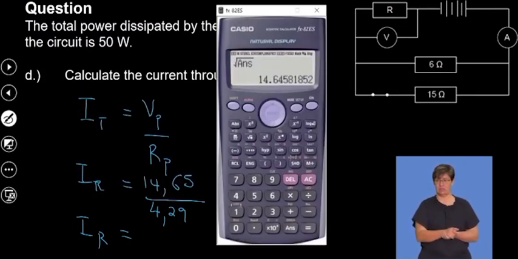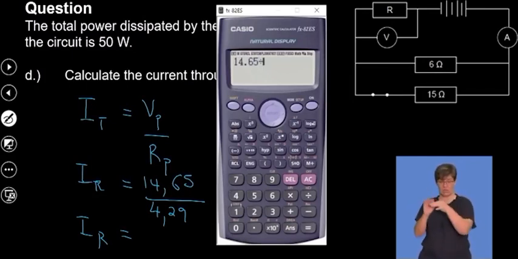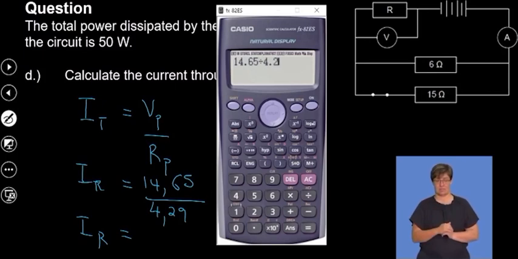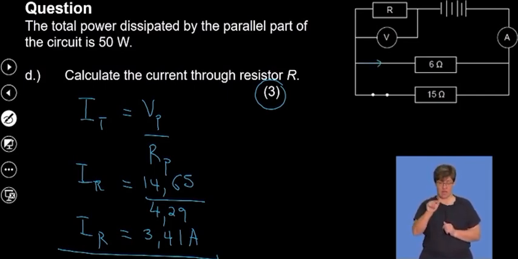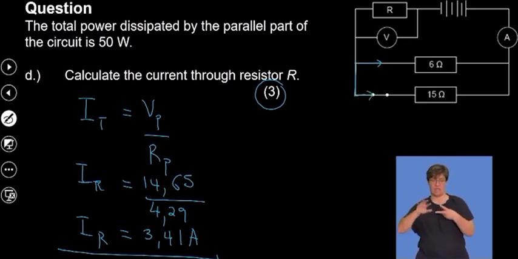We've got 14.65, and we divide that by the effective resistance of the parallel combination, which is 4.29. It gives us the magnitude of the total current in this circuit, which is 3.41 amperes. This is the total current, so this 3.41 amperes is split between the 6 ohms and the 15 ohms. But it's all the current that goes through resistor R. It's very important for us to take note of that.